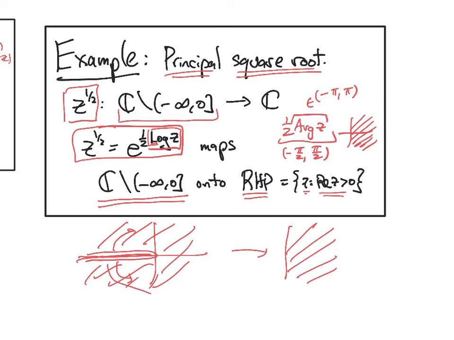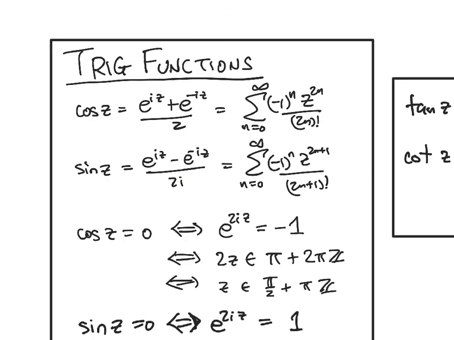The last thing we'll mention in this video series about the exponential function and its friends is the trig functions. So we've already defined cosine and sine for real numbers, but we can use what we've been doing to extend them to complex numbers. So we'll define cosine of z, where z is now a complex number, in a manner that's analogous to what we had for real numbers.